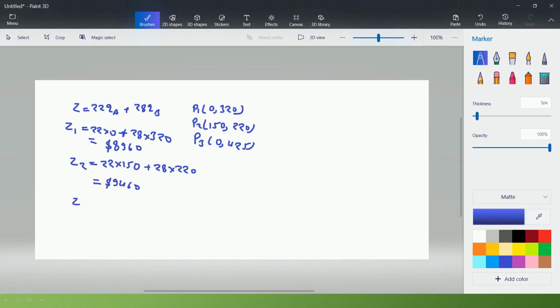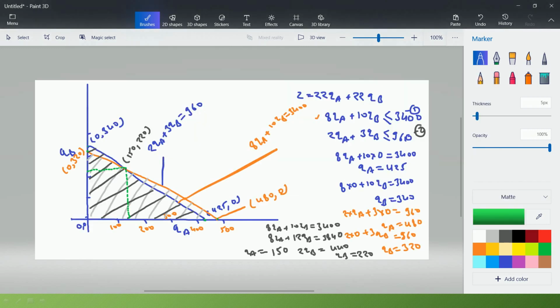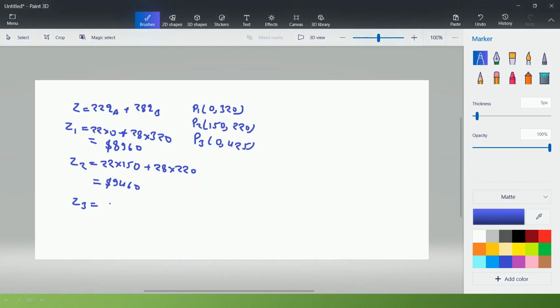Now for the third case, the third one was 425, 0.